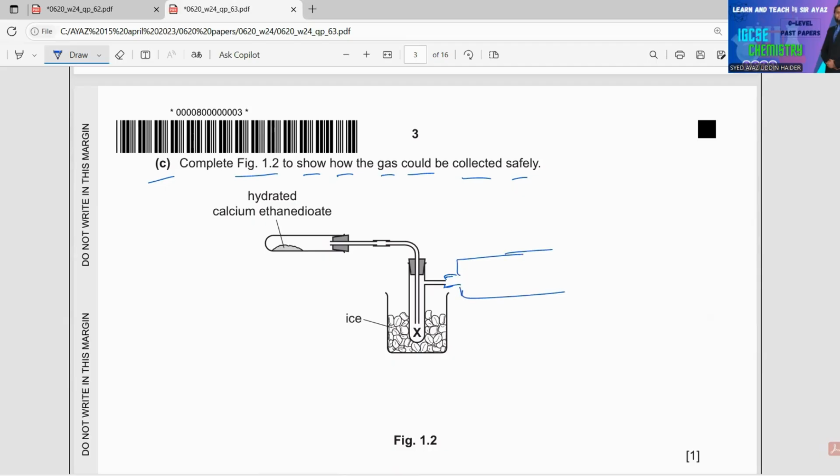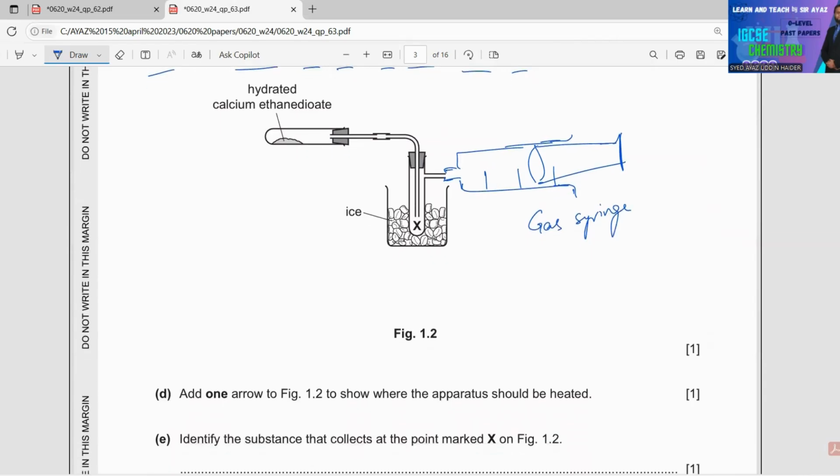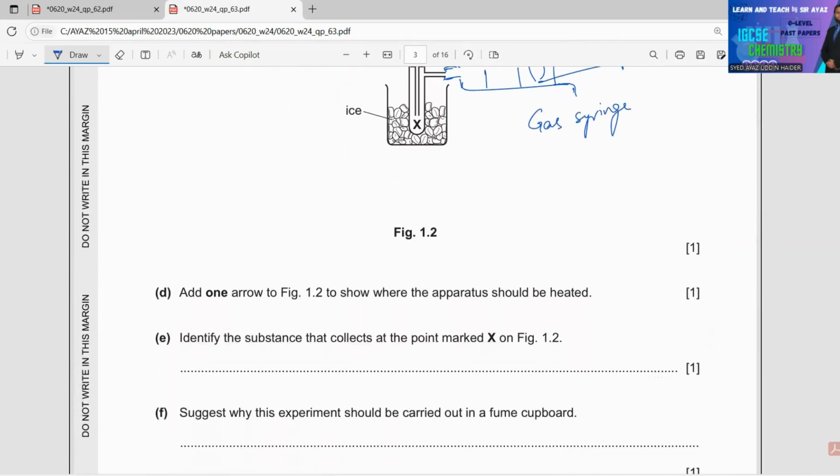Gas syringe will be like that. You can even use collection over a water trough.